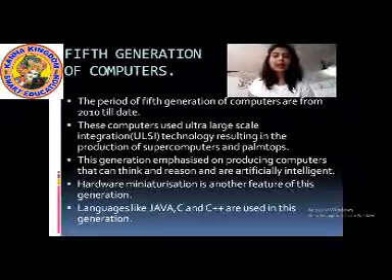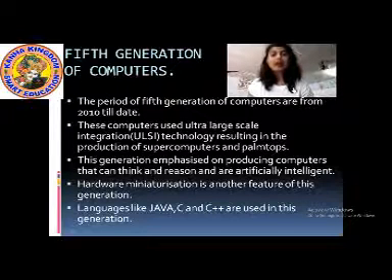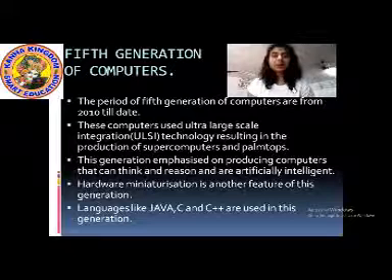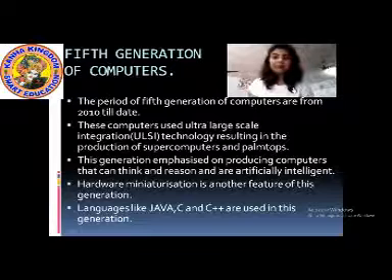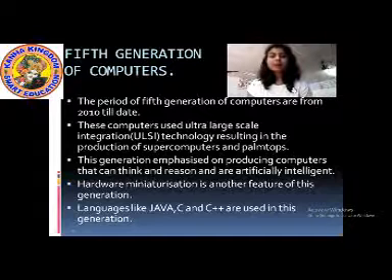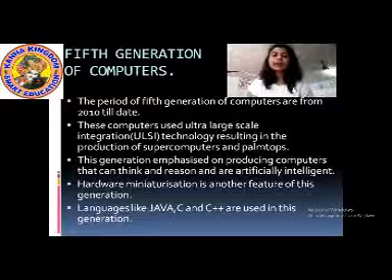No, it cannot be touched, but it can only be performed or programmed. And hardwares are the computer systems like monitor, speaker, keyboard, printers, scanners. These hardwares were made very small compared to the earlier generations.